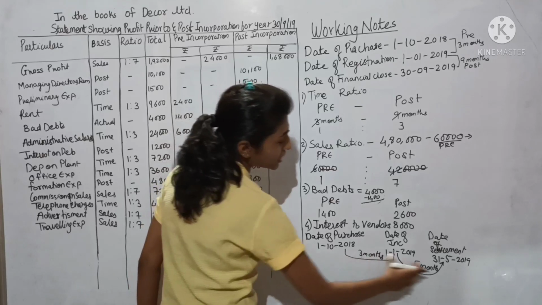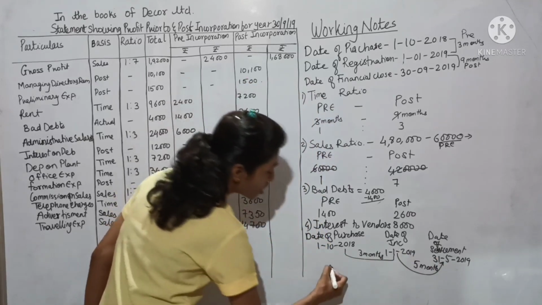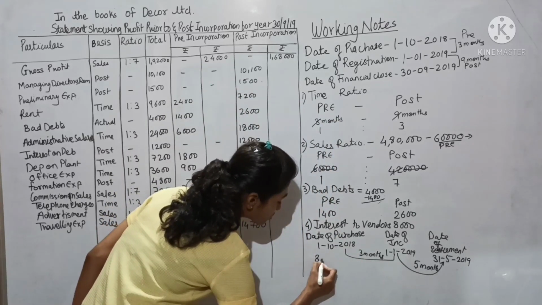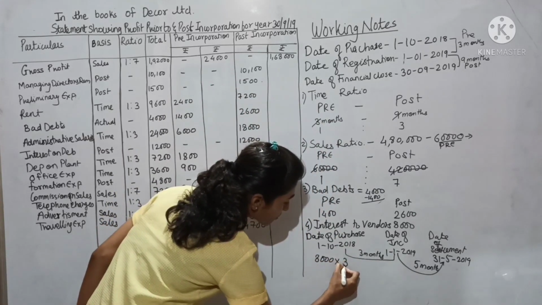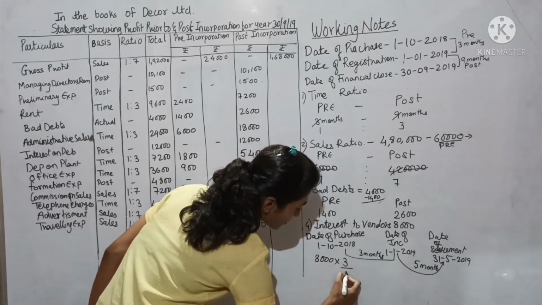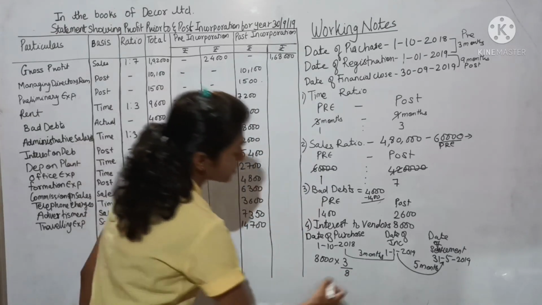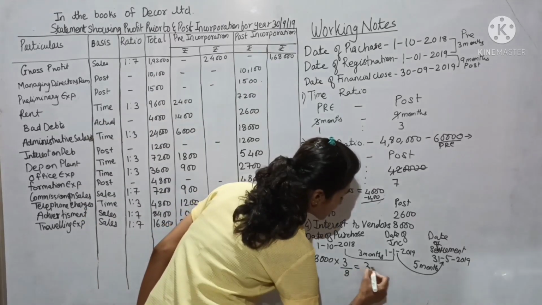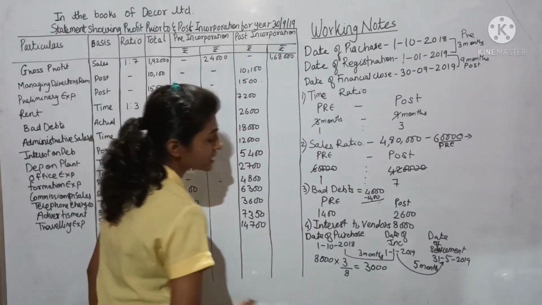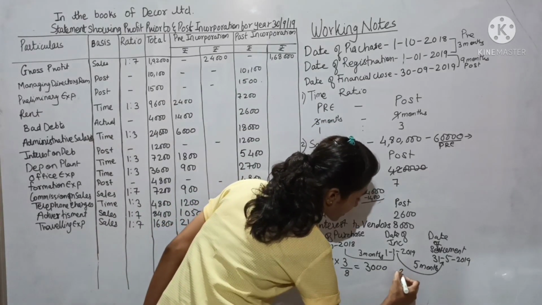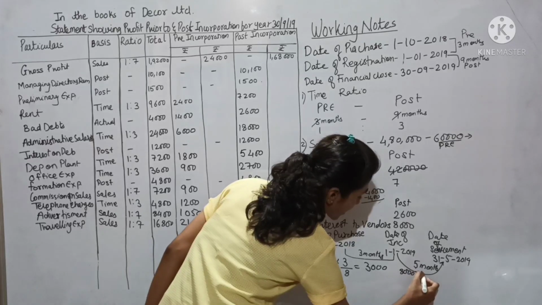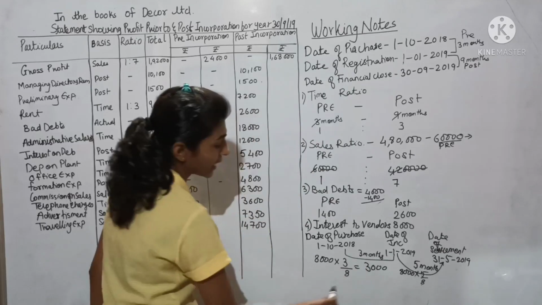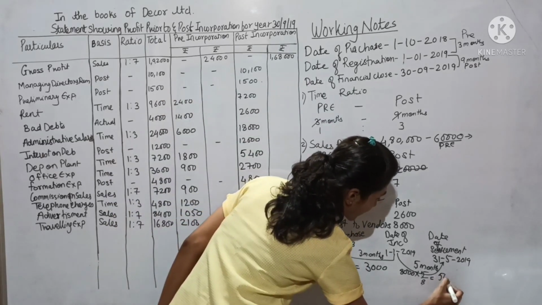For pre-incorporation, 8,000 multiplied by 3 divided by 8. How did I get 8? By 5 plus 3, 8. So the pre-incorporation amount will be 3,000 rupees, and for post-incorporation, 8,000 multiplied by 5 divided by 8 gives 5,000.